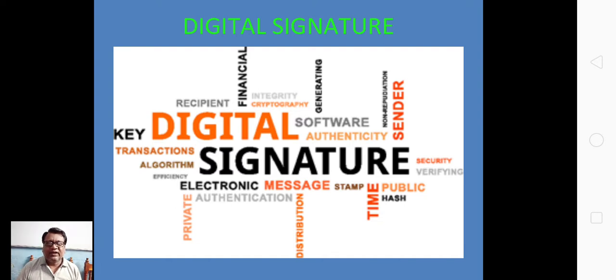We write an application addressed to the principal, with the matter: respected sir, myself, the reason, and finally yours faithfully, or sincerely, with our name, designation, and date of the application. Why? Because it is authenticated to the particular person who wrote this matter on a plain white paper.